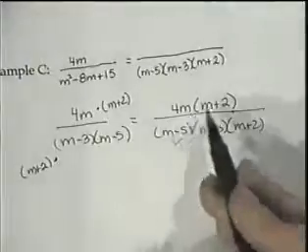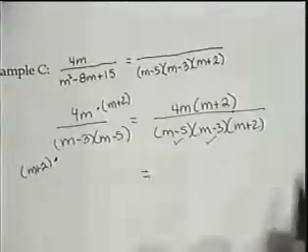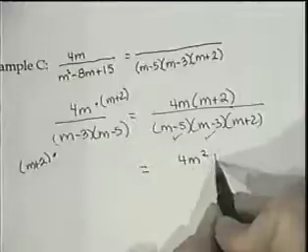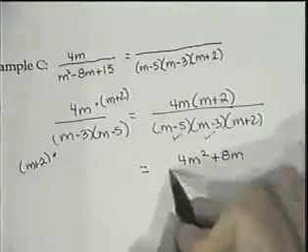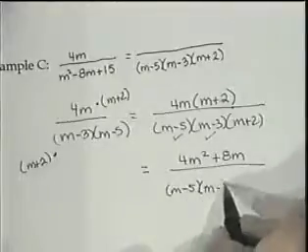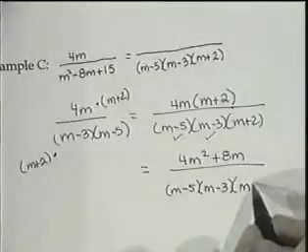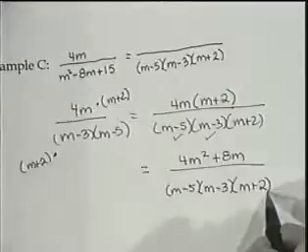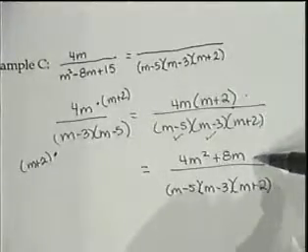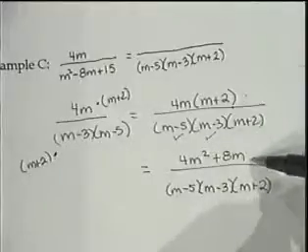Or, if you like, we can multiply this out. This is equivalent to 4m squared plus 8m over m minus 5 times m minus 3 times m plus 2. Okay, so this one or this one, they're both the same. Here it's just factored, here it's not.